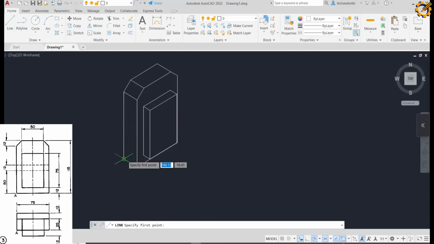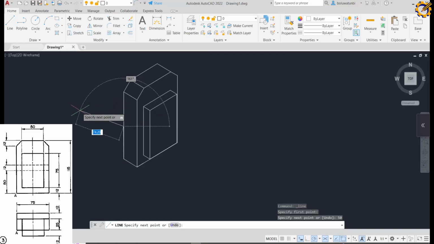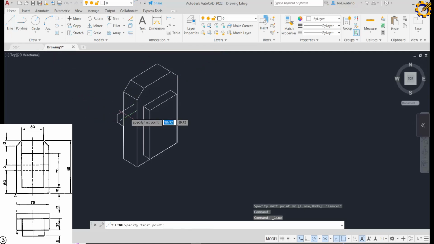So from here at height of 50, enter, 12, enter, 12, enter, and from here at 30 degrees also, like that.